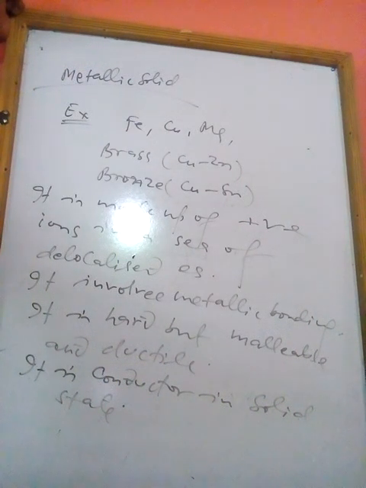It is because when temperature is increased, the positively charged kernels also start vibrating and interfere with the movement of electrons, and therefore its conductivity decreases with rise in temperature.